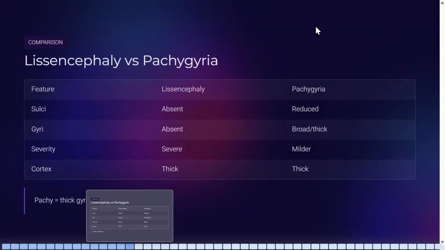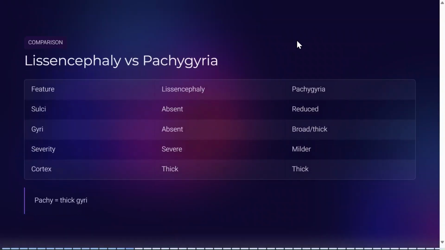Now, what's coming up next, we have difference between Lissencephaly and pachygyria. So in Lissencephaly, basically the sulci and gyri are absent, but in pachygyria, sulci are reduced and gyri are broad or thick.